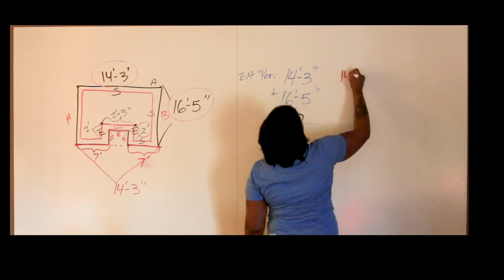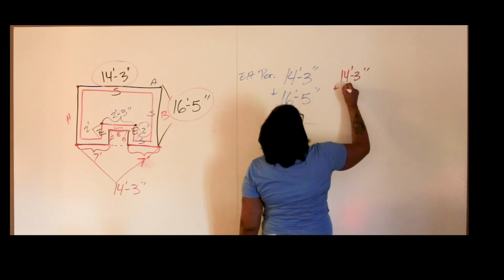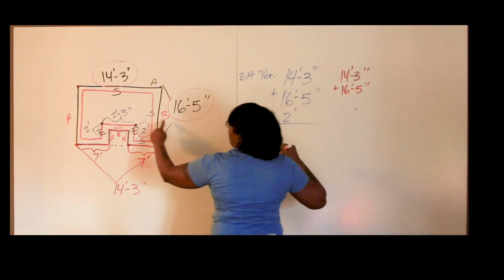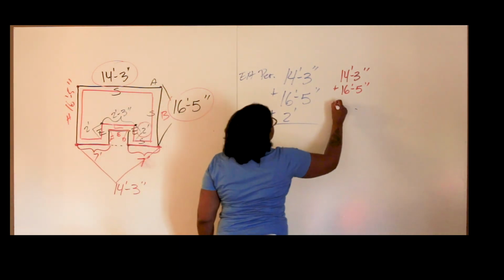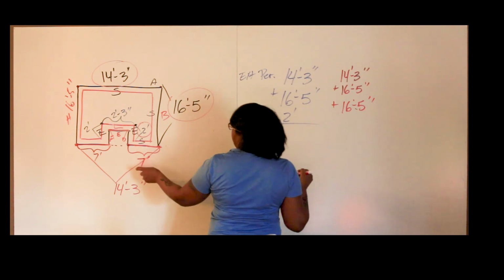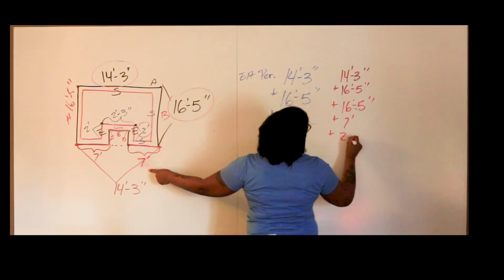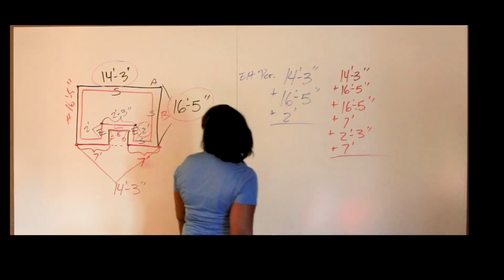We got 14 feet 3 inches plus 16 feet 5 inches, which would be twice, plus 16 feet 5 inches plus 7 feet plus 2 feet 3 inches plus 7 feet, and that's it, I believe.